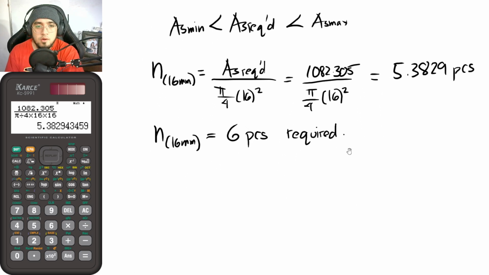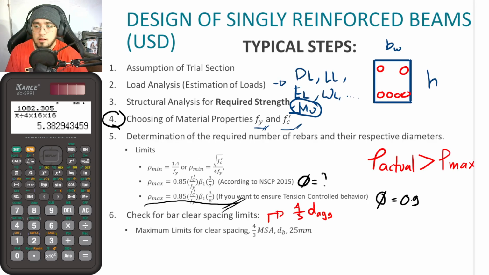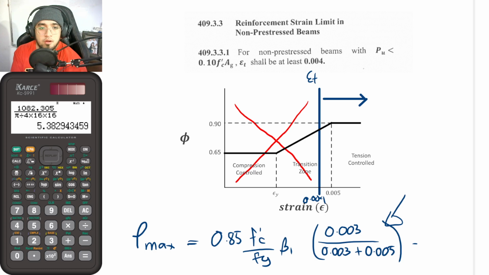Our next step is to check for the spacing of the rebars. Take note that it must be greater than this spacing. However, before I check for the spacing, in the next video I would first prove to you these values.